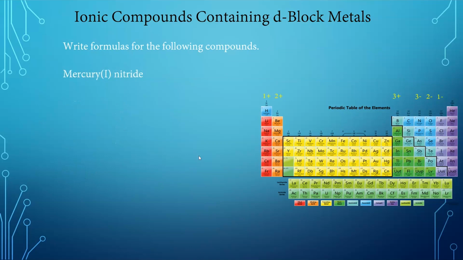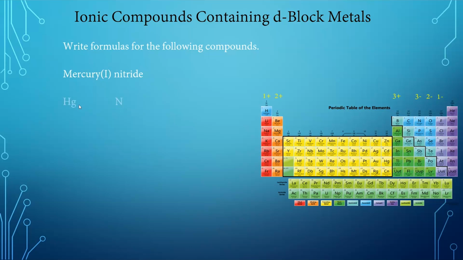Let's do one more example. Mercury 1 nitride. Mercury is Hg, so it's one of those elements where the symbol doesn't seem to match the name. That's because the symbol is based on the Latin name hydrargyrum. But we use the name mercury, that's our modern name for it.